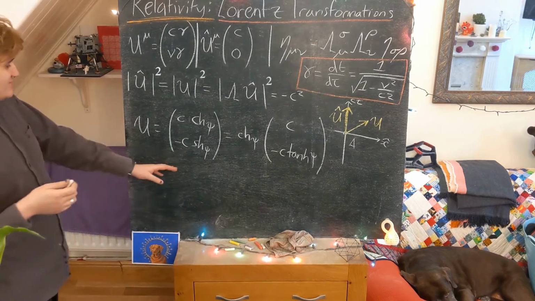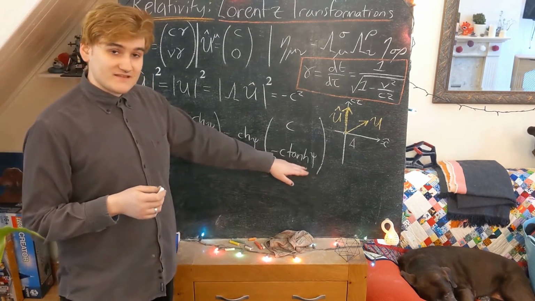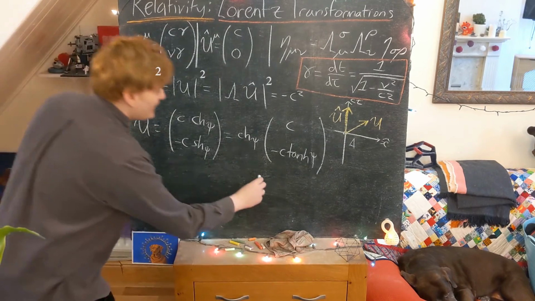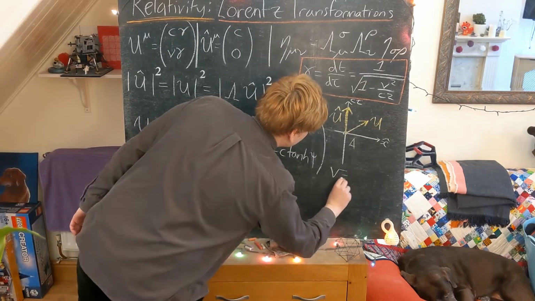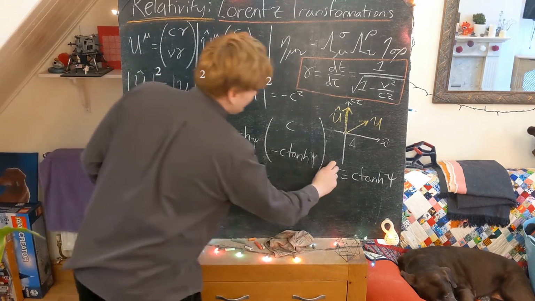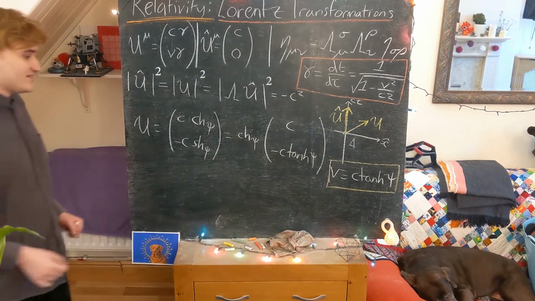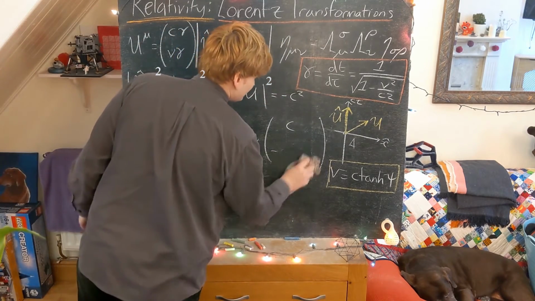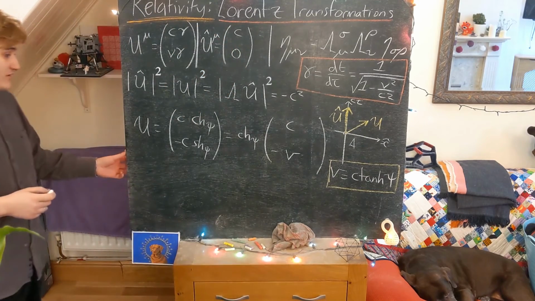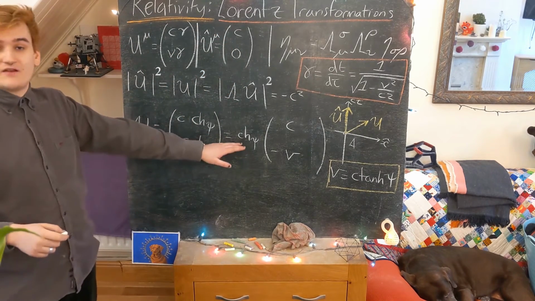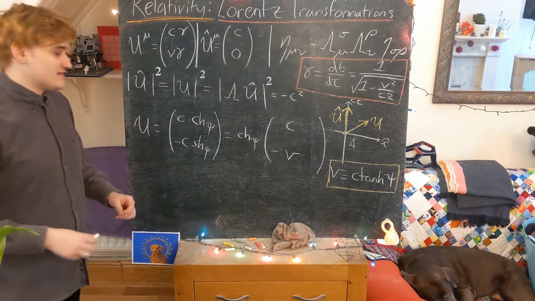And now if you remember back to the previous couple of videos, we discovered that this thing, this c tanh psi, is simply defined as the coordinate velocity, v. So if you remember, we derived this in the previous videos. And so I can now essentially just replace c tanh psi with our coordinate velocity, just remembering we have this cosh psi still at the front that we're going to need to deal with.